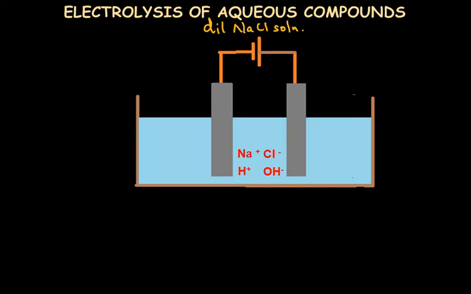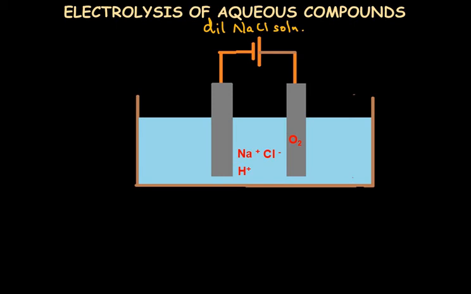I had explained in the earlier part of this video that if the solution is highly concentrated, then only the anion will get discharged at the anode. Otherwise, preferably hydroxide ion will get discharged.